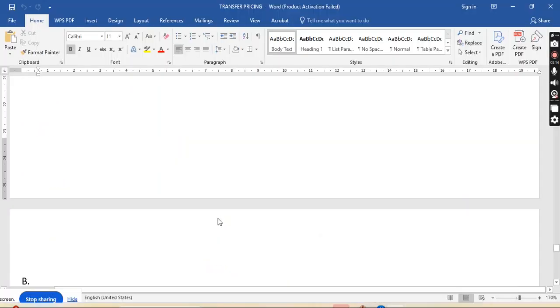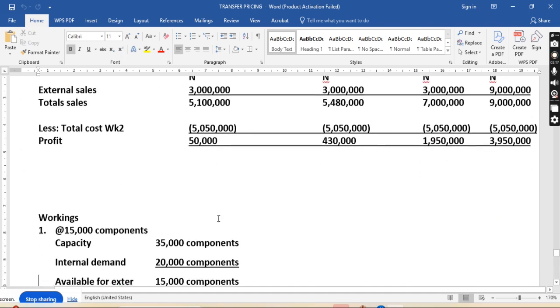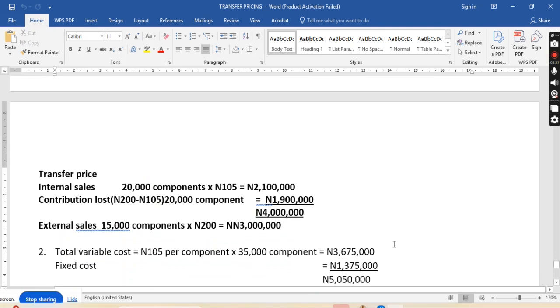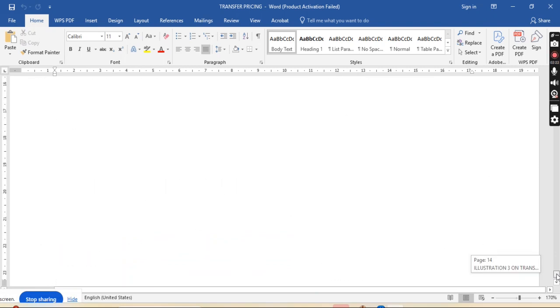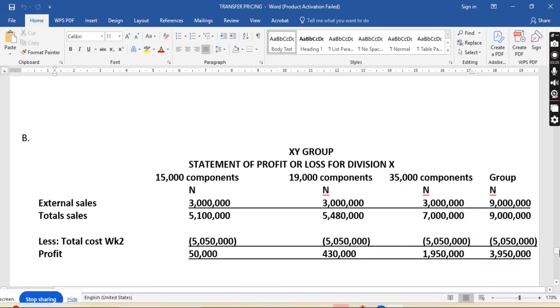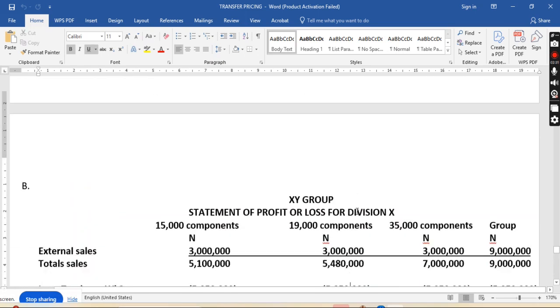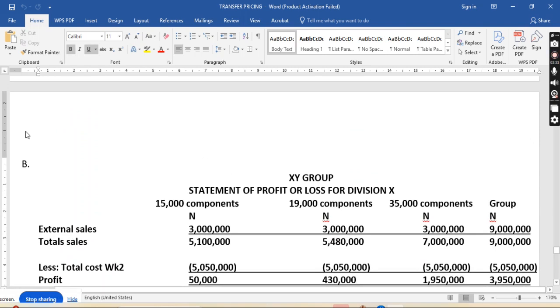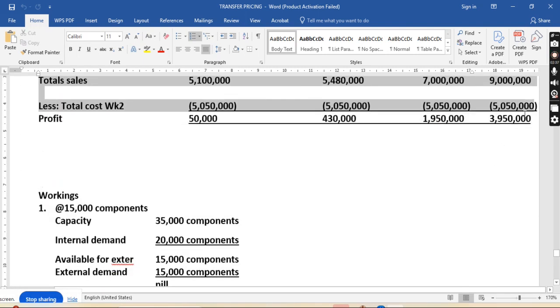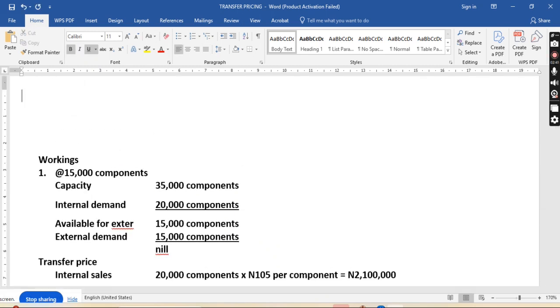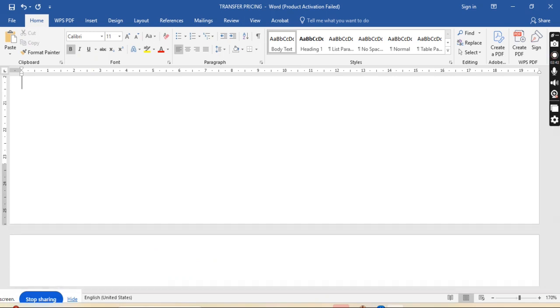B, right? So let's quickly check where we are. What would be the financial impacts? Now, how do we arrive at this?